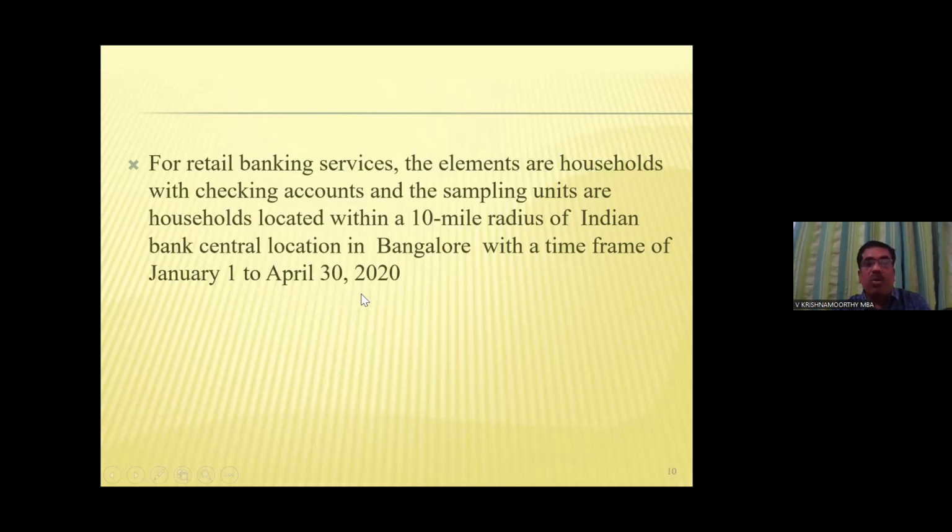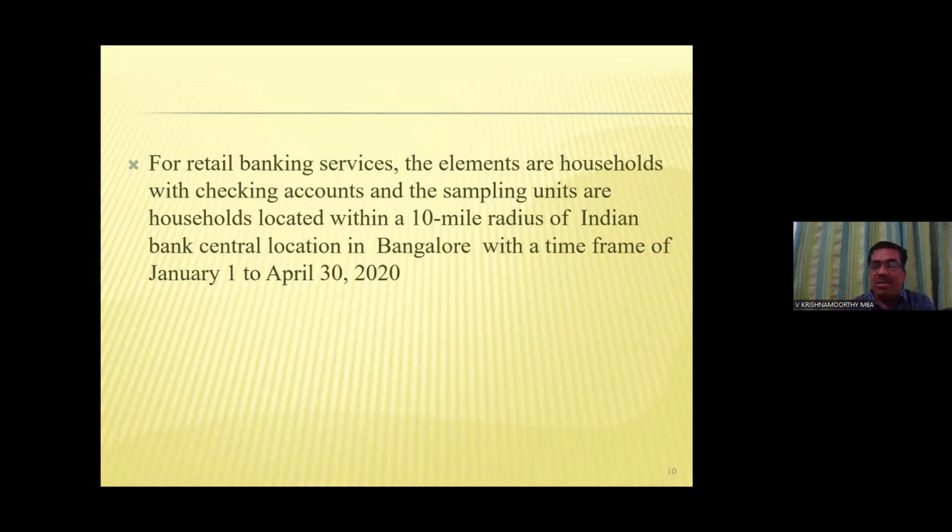That means the person should have an account in a bank. This is one condition. Another important thing, you are supposed to live in Bangalore within a 10-mile radius of Indian Bank. You should have the account from the period of January 1 to April 30th. These are the various conditions.